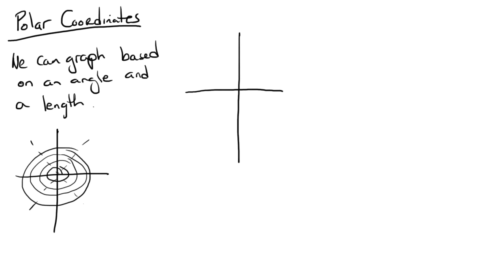So this was x and y, just the regular coordinate system. Now we're going to change it. This x right here is going to be the polar axis. This is where we're going to start, at 0 degrees. And the origin is now called the pole.